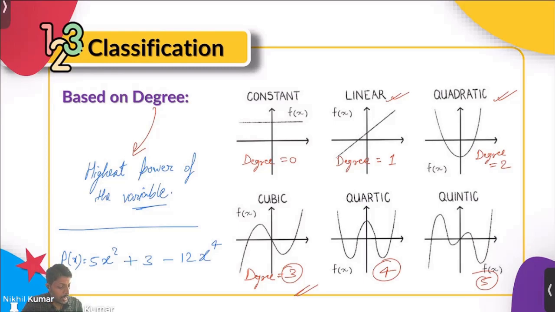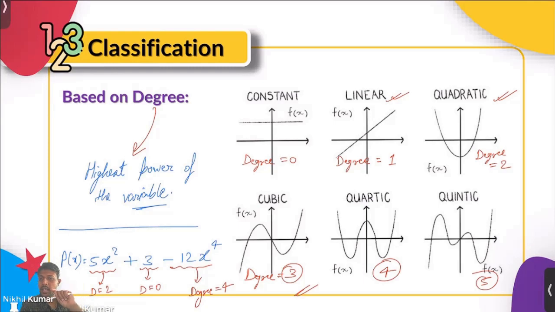See, first we'll calculate the degree of individual terms. So 5x square has a degree 2. This constant, this number, has a degree 0. This term, minus 12x to the power 4, has a degree 4. Now every term has a different degree.